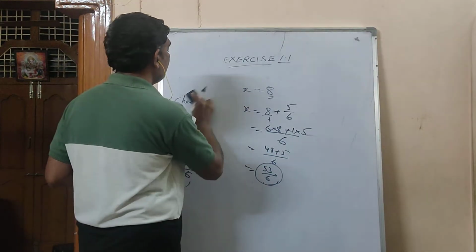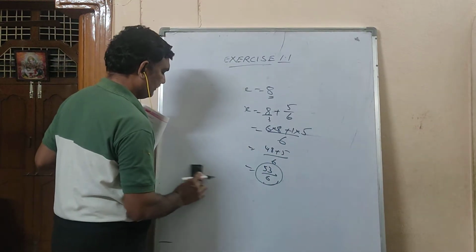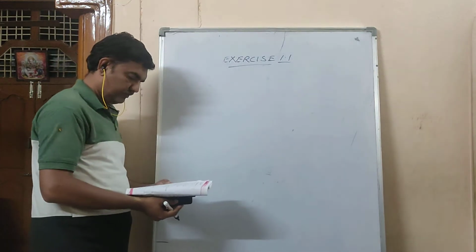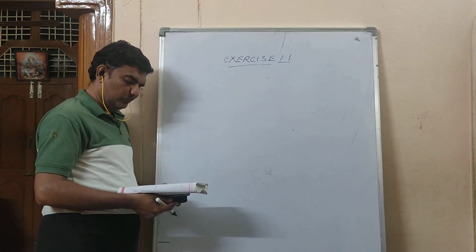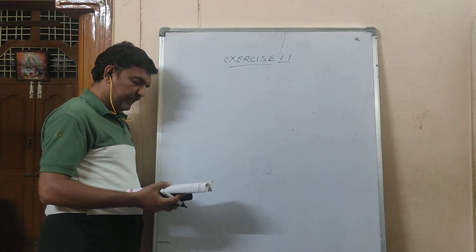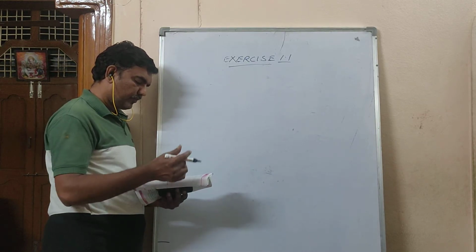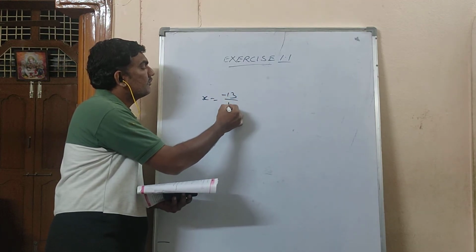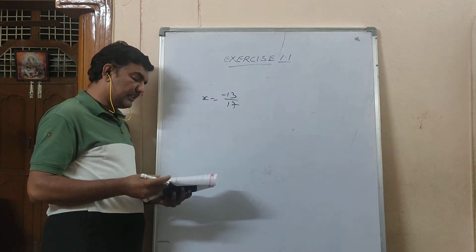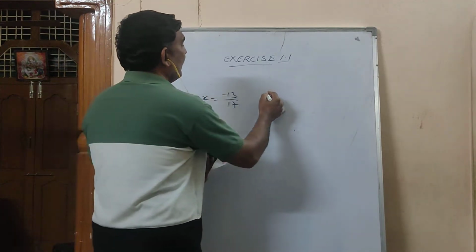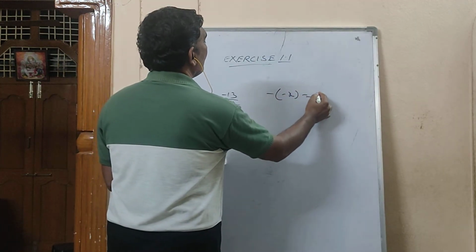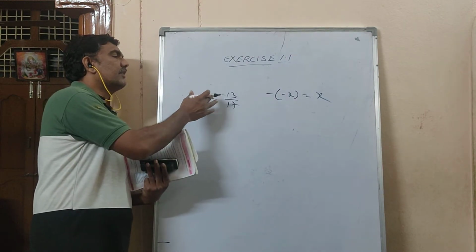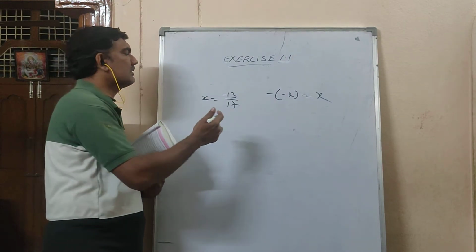Now next question. x is equal to minus 13 by 17. He is asking to verify that minus of minus x is equal to x. You should take this value in place of x and verify LHS and RHS.